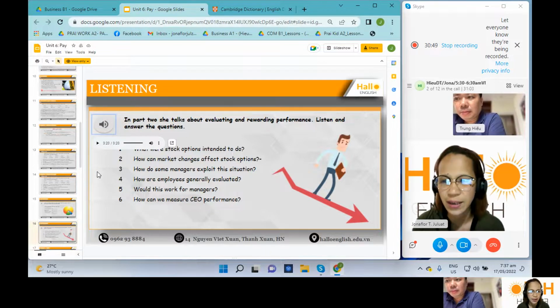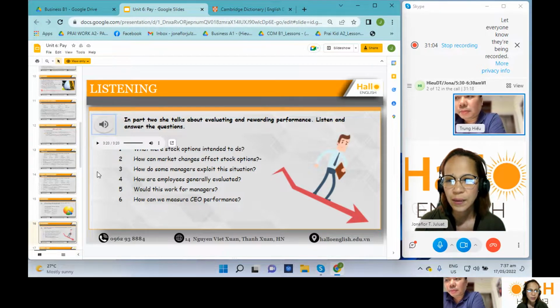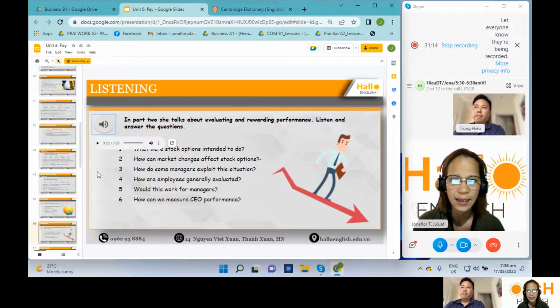So managers are very keen to reach objectives or goals to set up another goals, right? If they are generally evaluated, they easily get their bonuses and high salary, whether they met their goals or not, right? Do you understand?